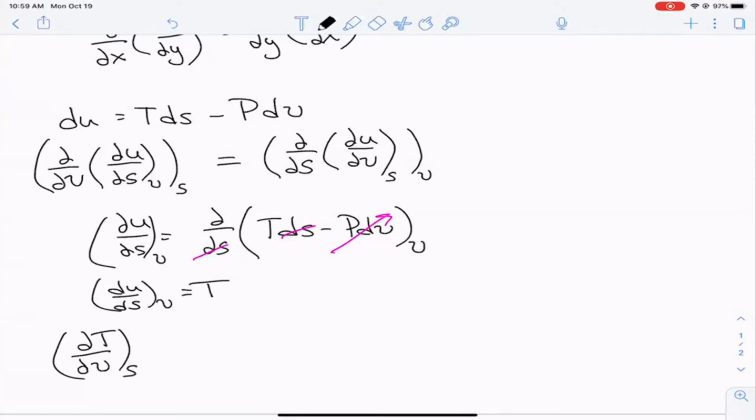The math makes sense to me, but I'm kind of confused what the du over ds at constant V means, if that makes sense. No, that makes total sense. I guess the short way to explain this is, remember that we can have fundamental relations.